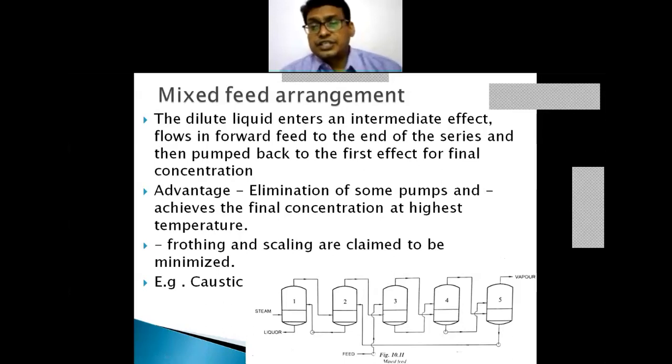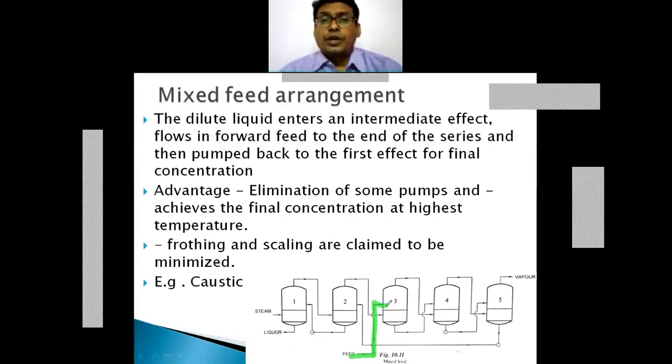Then the next is the mixed flow arrangement. This is the mixed flow arrangement. The dilute liquid enters at an intermediate effect. Now in this figure with 5 evaporators, the dilute feed enters the third effect.